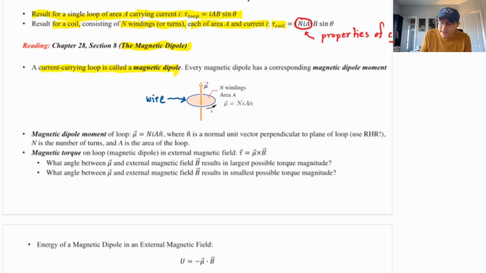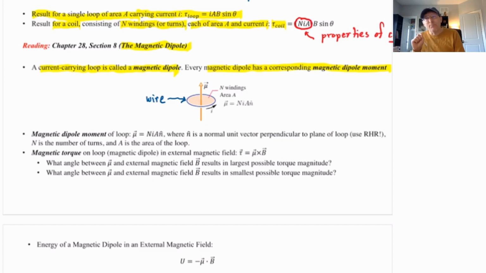And every magnetic dipole has a corresponding magnetic dipole moment, just like every electric dipole has an electric dipole moment. And the definition of electric dipole moment, first of all, it's a vector, p arrow, and so it has a magnitude and a direction.